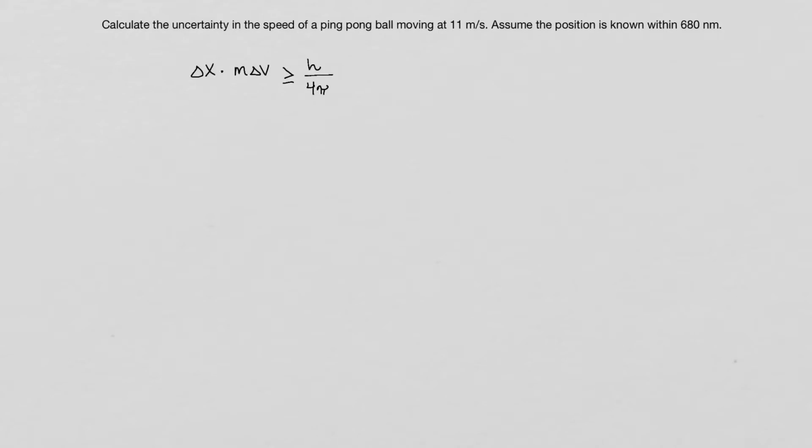We know that the uncertainty in our position is 680 nanometers, which is 6.8 times 10 to the minus 7th meters. The mass of a ping pong ball is about 2.7 grams, and we have to convert that to kilograms to give us 0.0027 kilograms.